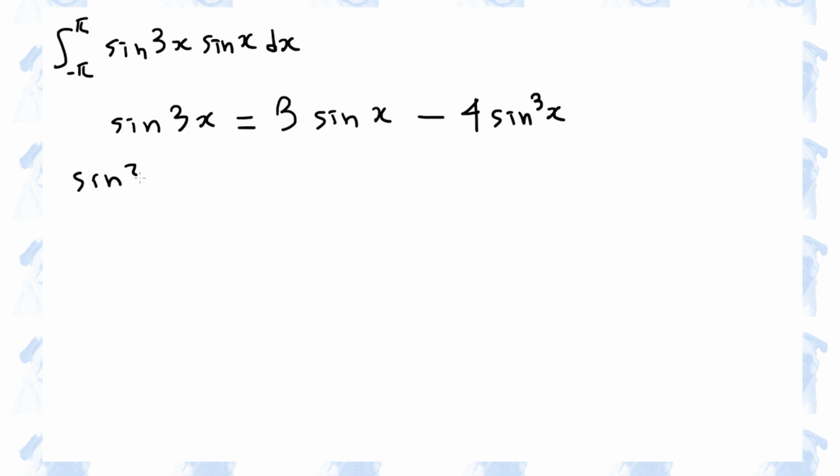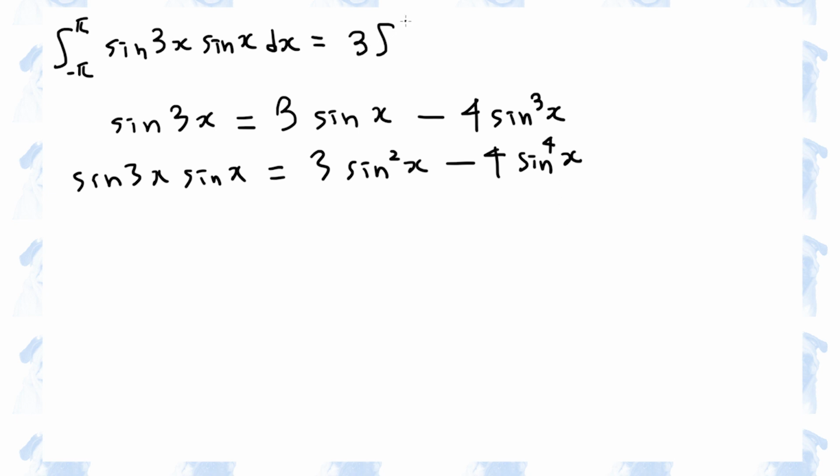Therefore, sine 3x times sine x is 3 sine x squared minus 4 sine x raised to the 4th power.